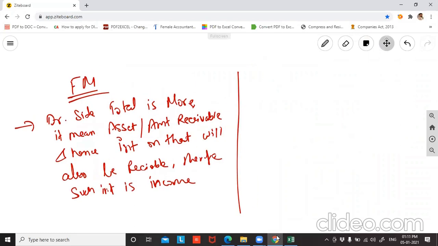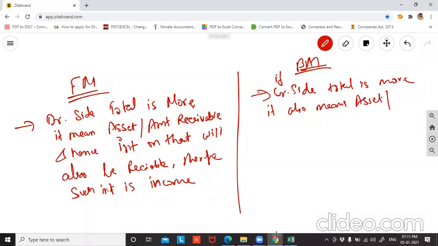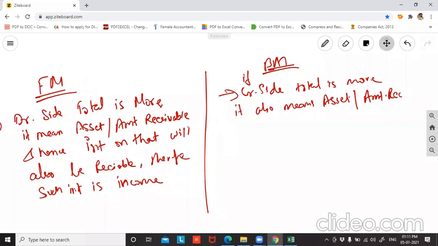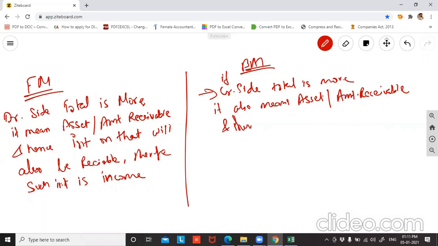But in backward method, your credit side total will be more. If in backward method the credit side total is more, it also means asset only, which is amount receivable, and hence interest on that will also be receivable.